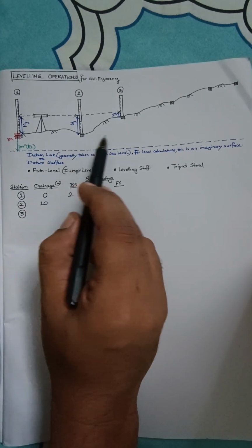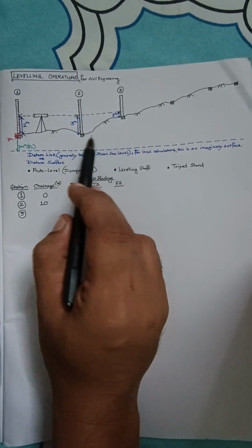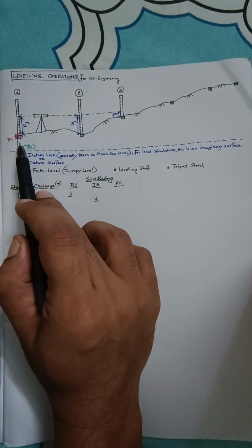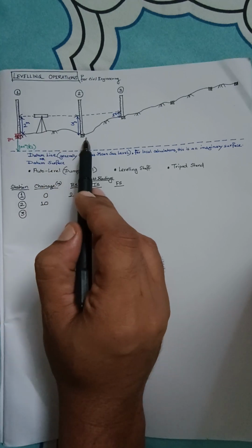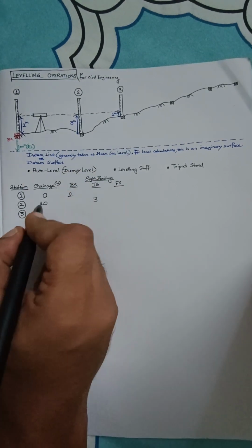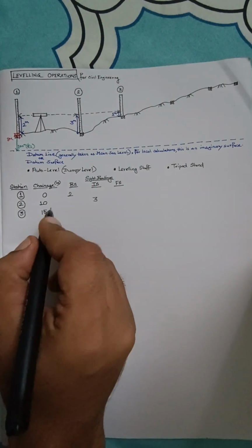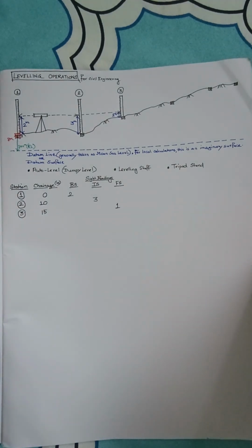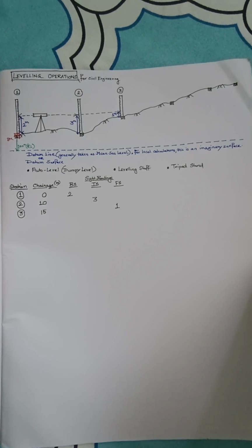Suppose from this distance to this distance, this is say 5 meters. So the chainage of this point is calculated from here. From here to here you have 10 meters and from here to here you have 5 meters. So the total distance is 15 meters. And finally you come up with the last reading, which is 1. So there you are sorted with station number 1, station number 2 and station number 3.